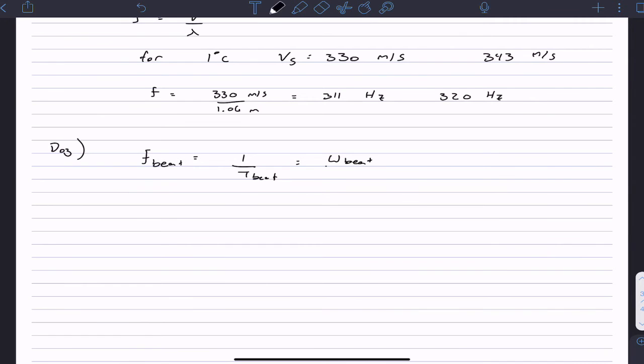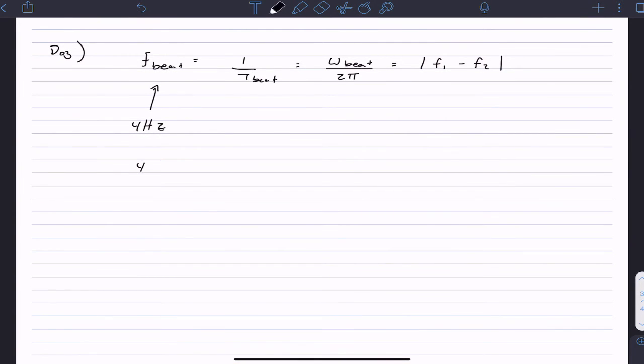We could use the oscillation speed of the beat over 2 pi. Maybe we could find that. We're told the beat frequency itself is 4 hertz. And then, okay, this is actually the difference between two frequencies, so let's use that instead. 4 hertz, because we know one of the initial frequencies was 440 hertz, that's the tuning fork, minus some unknown frequency.